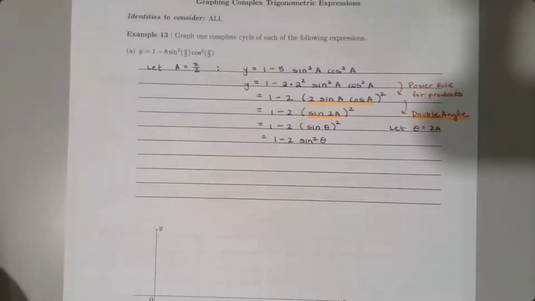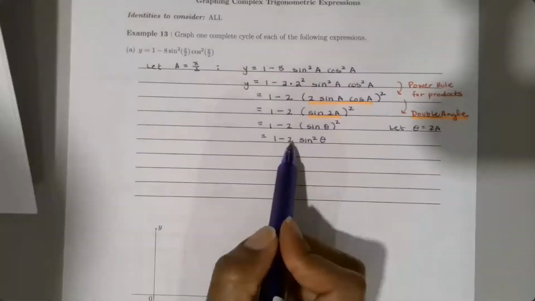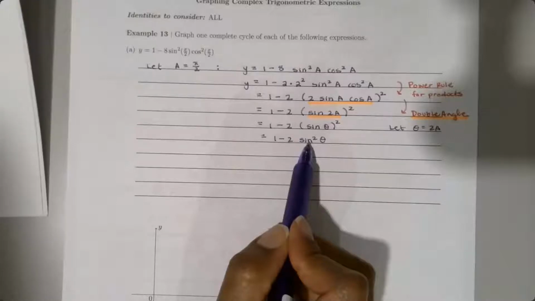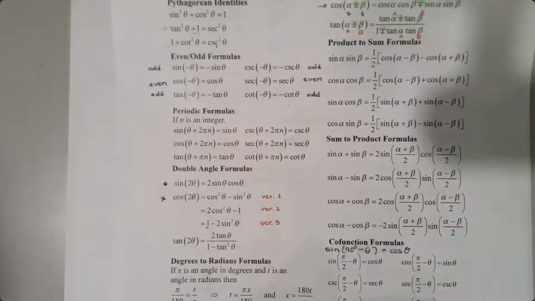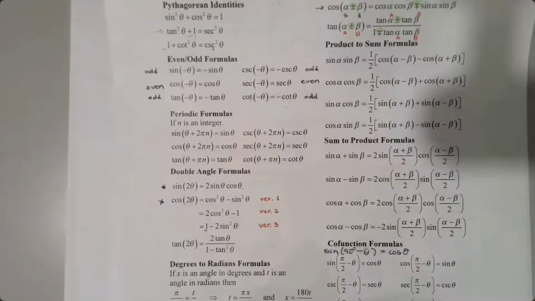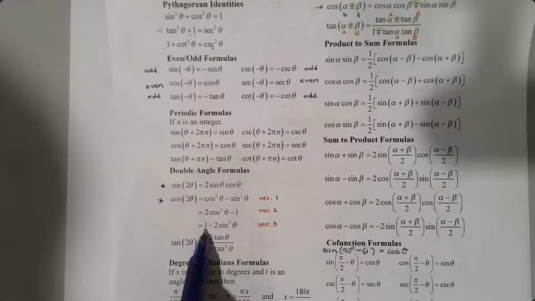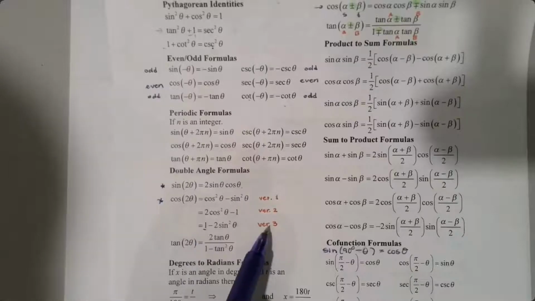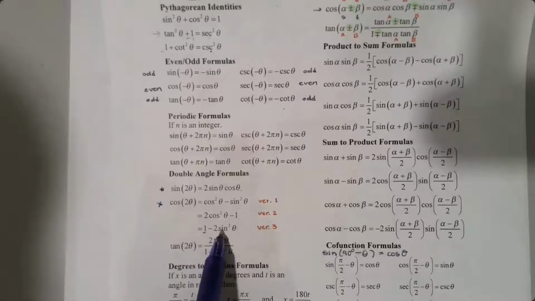Now let's go back to the identity sheet. Is there anything that looks like 1 minus 2 sine squared theta? The double angle formula. Remember the third one? Yes, for cosine. Very good. So the double angle formula for cosine, version number 3, says cosine of 2 theta is equal to 1 minus 2 sine squared theta.